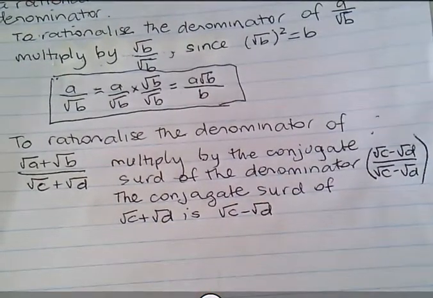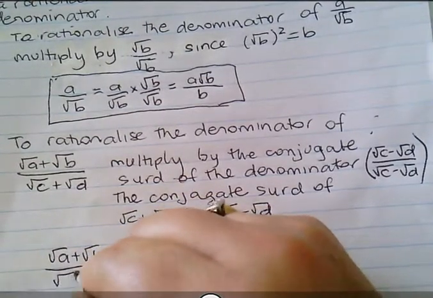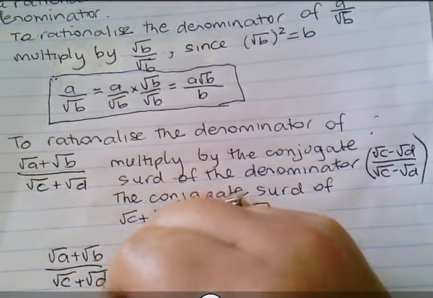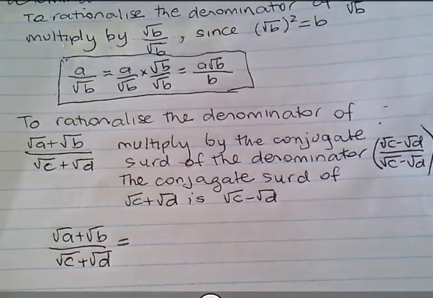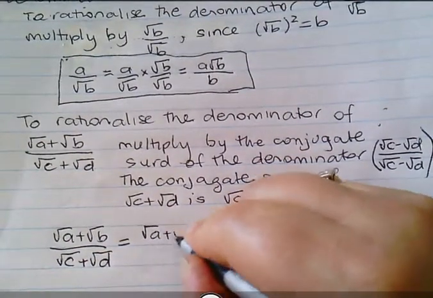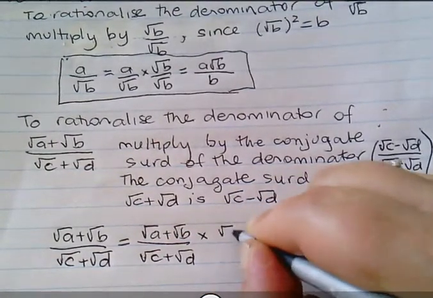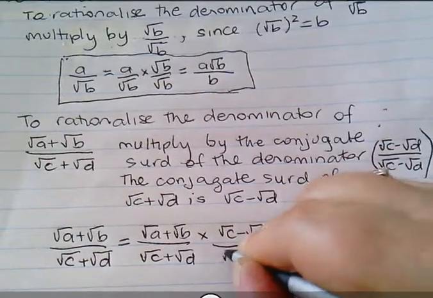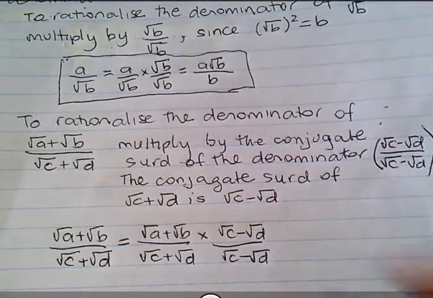Okay? So, for example, root a plus root b over root c plus root d, that's my original fractional surd. To rationalise that, I just multiply this surd by root c minus root d over root c minus root d. Okay?